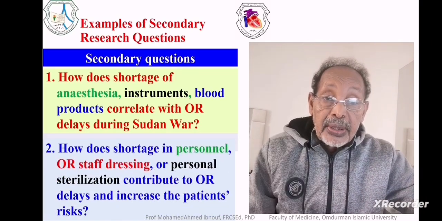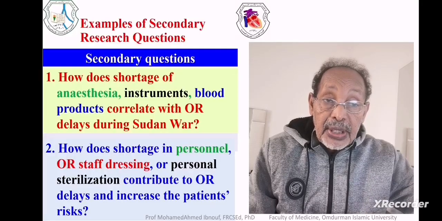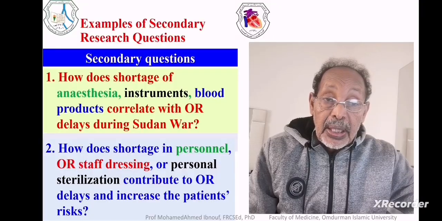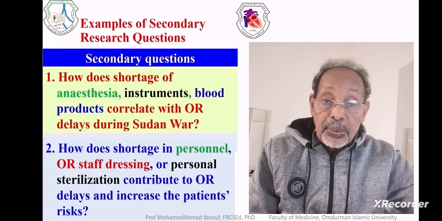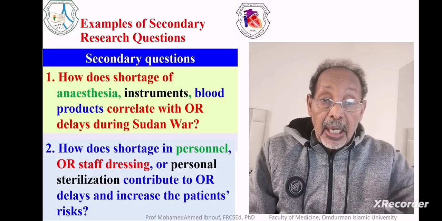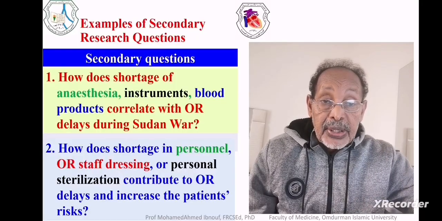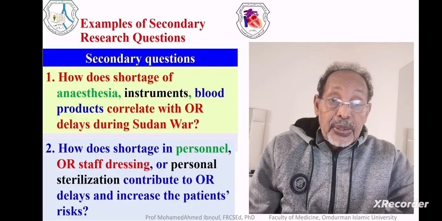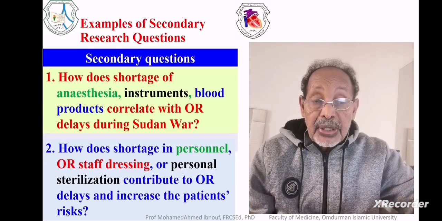like how does shortage in personnel, the personnel of the surgical department of the operation room or the personnel of the anesthesia department in the operation room, or the dressing of the staff in the operation room and the personnel sterilization, the methods and material for their personal sterilization.